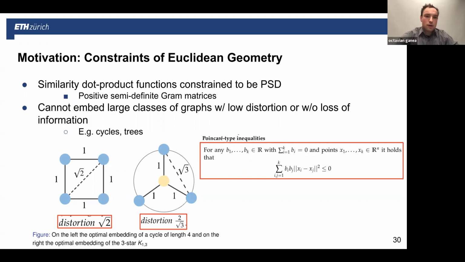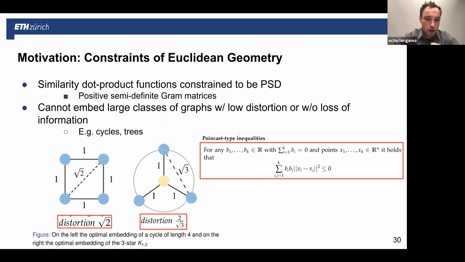Intuitively, you measure the embedding distance between two nodes and want it to be as close as possible to the graph distance, which is the length of the shortest path in the graph. In this case, the graph distance is 2 for the two opposite nodes in the square, whereas in the picture shown here it is square root of 2 in the Euclidean space.